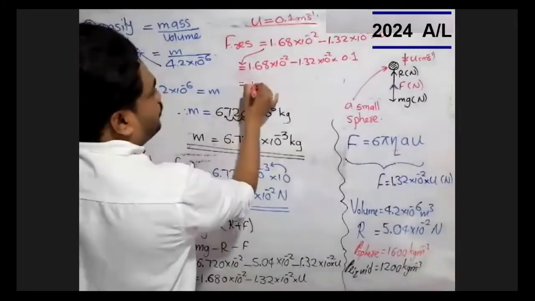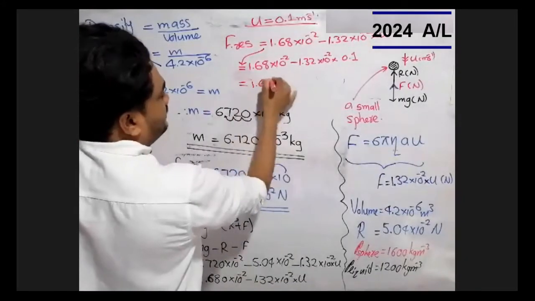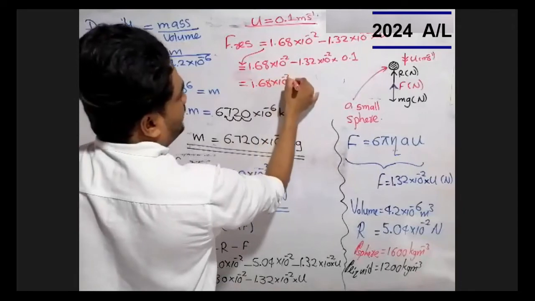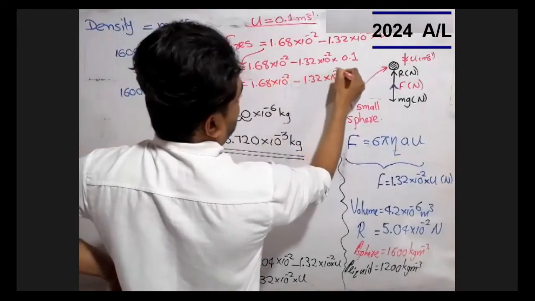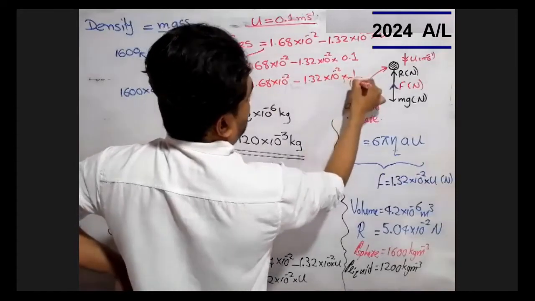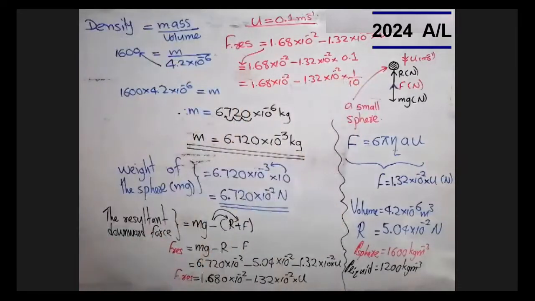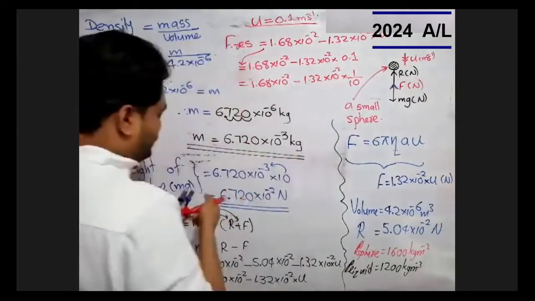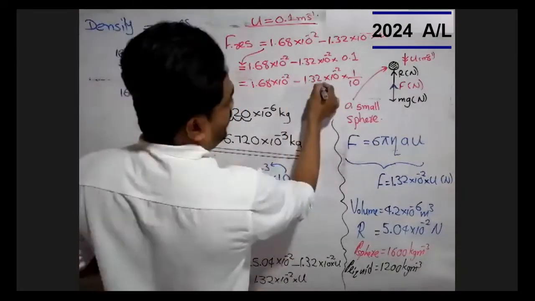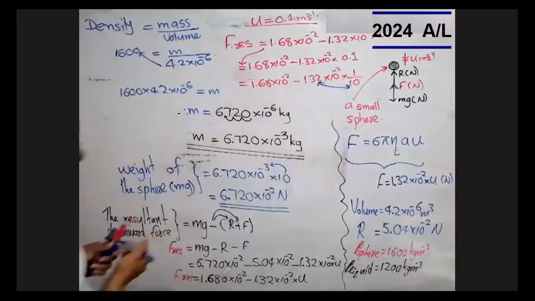So 1.68 into 10 to the power minus 2 minus 1.32 into 10 to the power minus 2, with u as 0.1. 0.1 can be written as 1 over 10. Can you understand this math? If you divide 1 by 10, the answer is 0.1. Now I divide this 1.32 by 10.